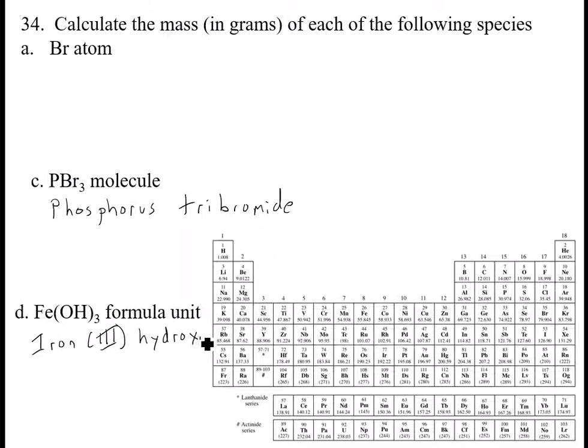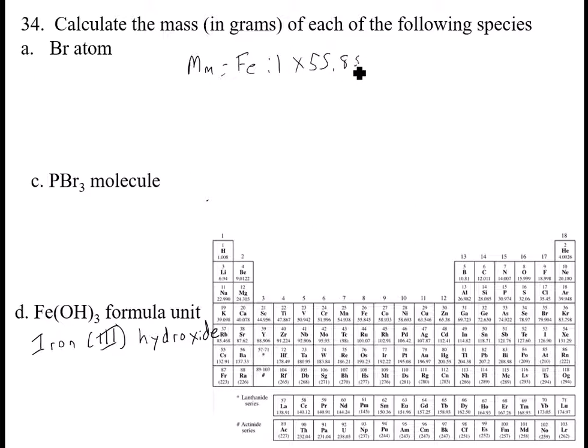So this is one of those from table 2.6 that you need to know. Okay? All right. So the molar mass, way up here, for iron is 1 times 55.85.